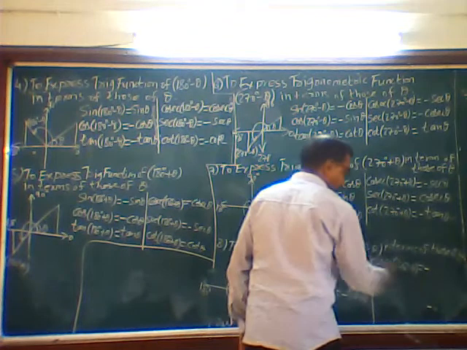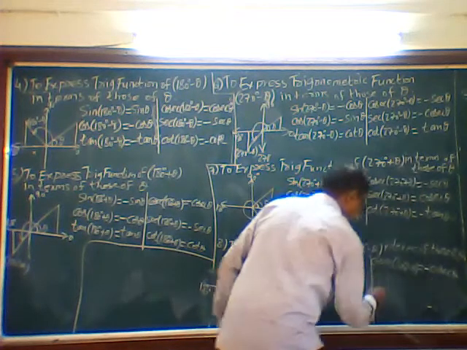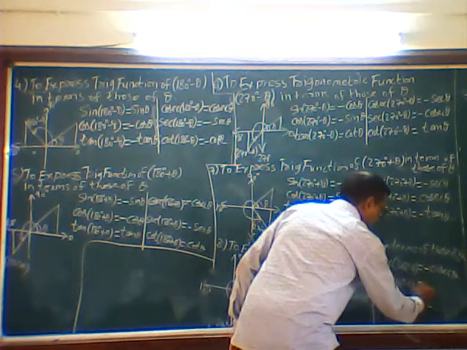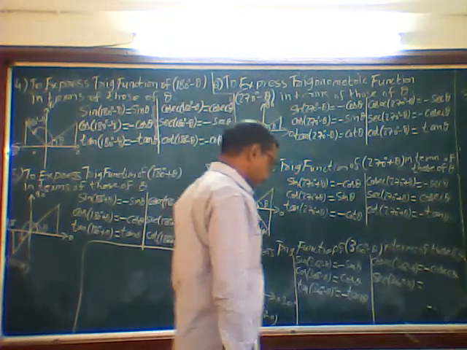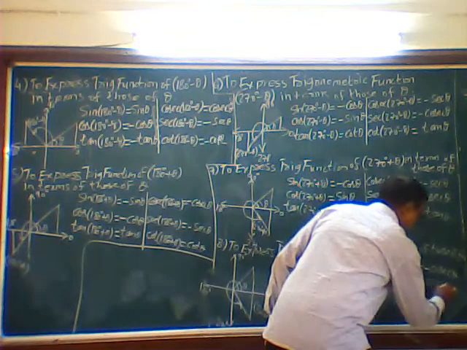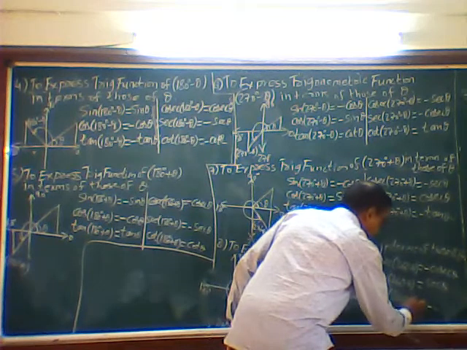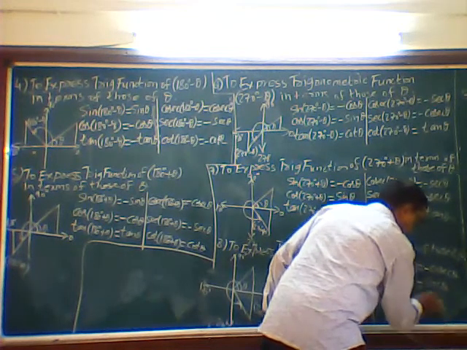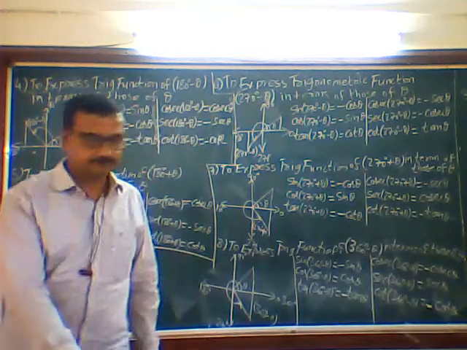Since the angle is lying on the x-axis, the ratio remains the same, minus cosec theta. Then sec. You know what sec of 360 minus theta is? Fourth quadrant positive, sec theta. Then cot of 360 minus theta is minus what? Minus cot theta. Okay.